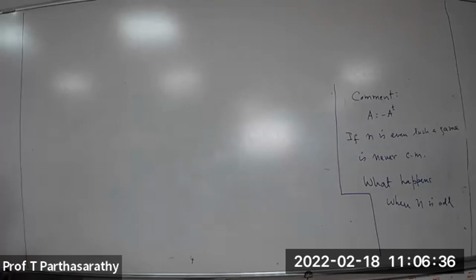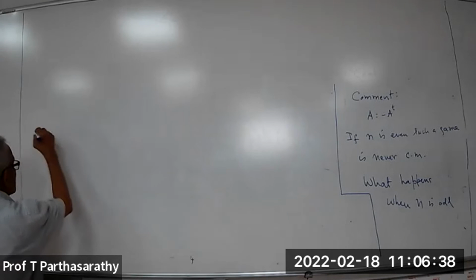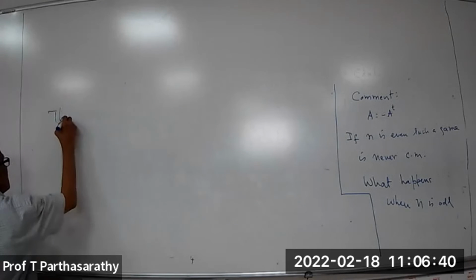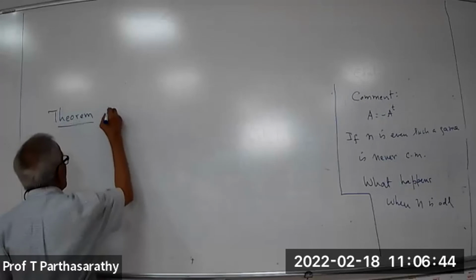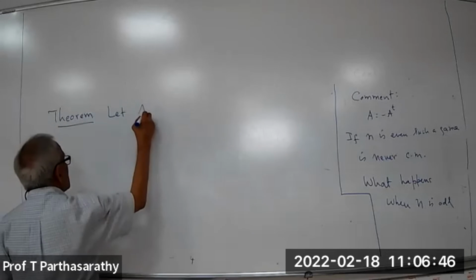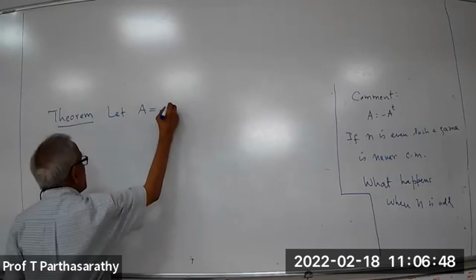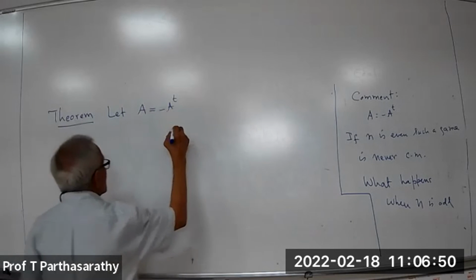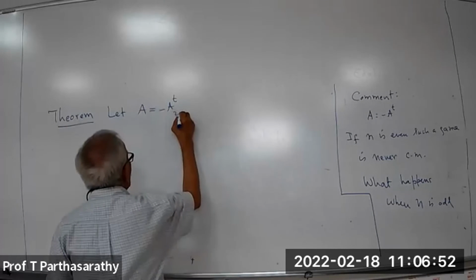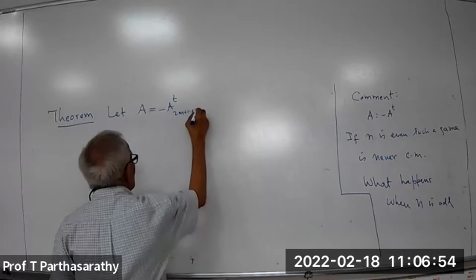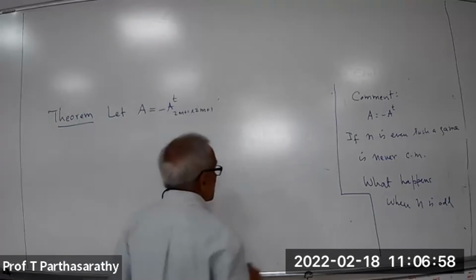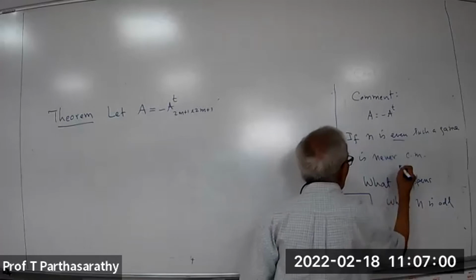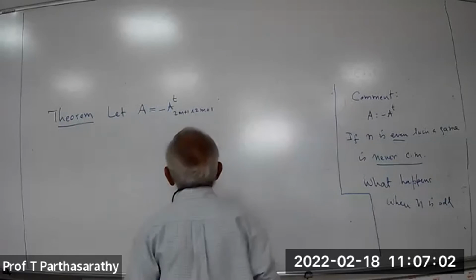Okay. All right. What is the result of Kaplansky? This is the result. Theorem. Let A equal to minus A transpose, of order 2m plus 1 cross 2m plus 1. It's an odd order matrix, because if n is even, we know that it can never be completely mixed.